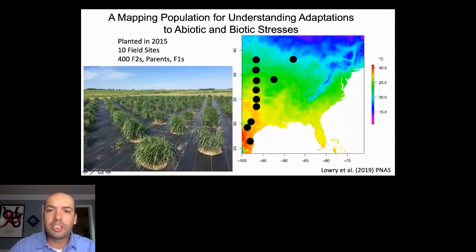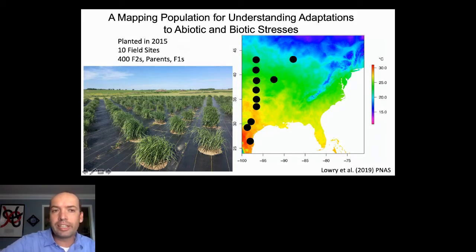So we set up these common garden experiments for this mapping population all across the central United States. We planted clones of these plants into 10 locations, all the way from southern Texas in Kingsville, up to South Dakota, and over to Hickory Corners in Michigan, where the Kellogg Biological Station is.